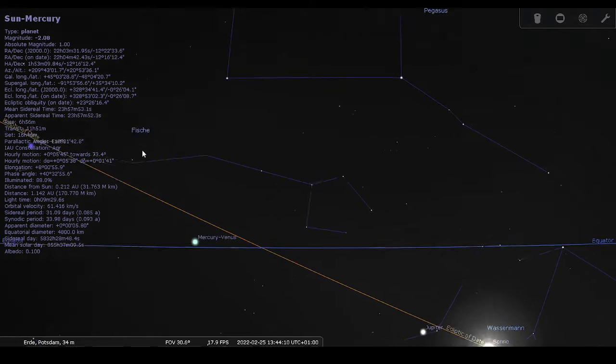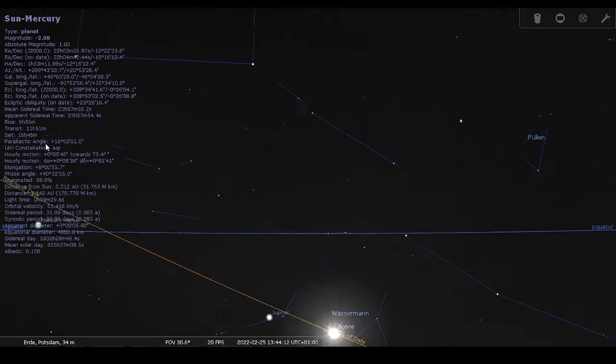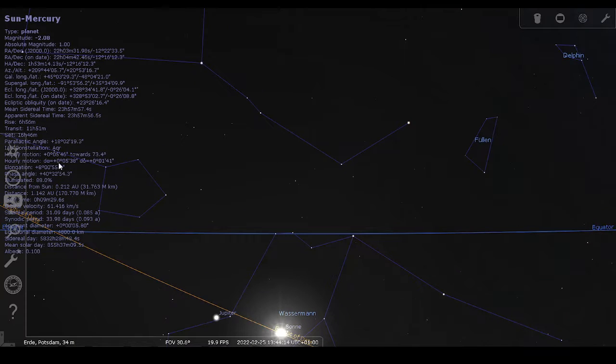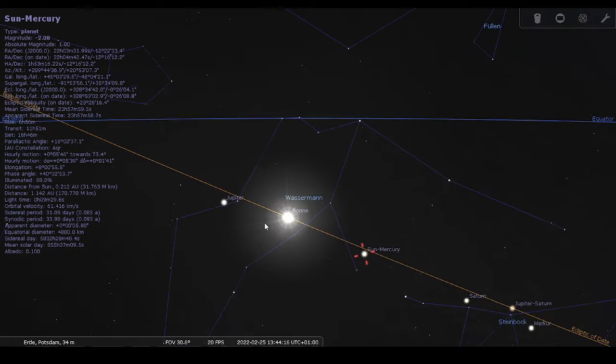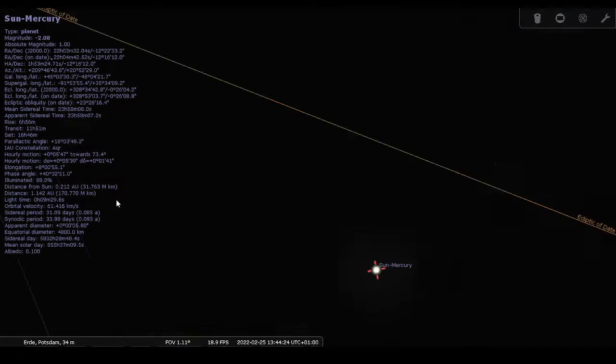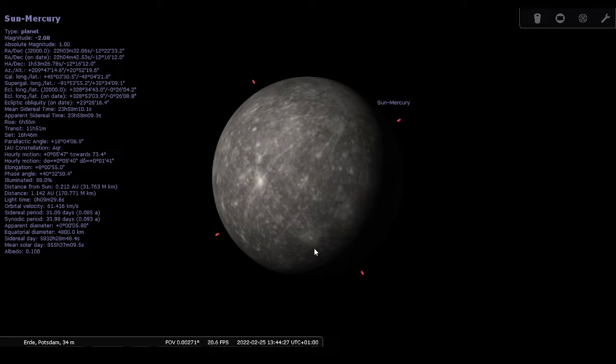What the most important things are: elongation. Elongation means the distance between this planet and the Sun. And the illumination shows how much of the surface apparent from the Earth is illuminated.